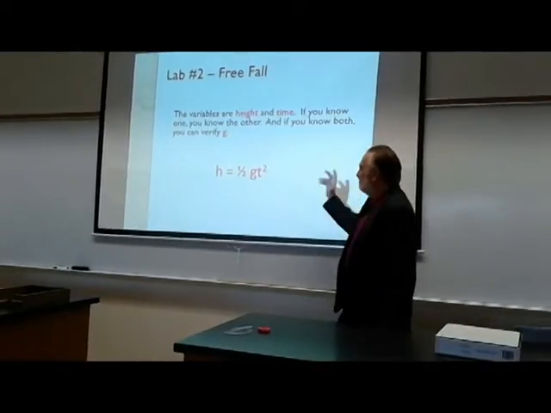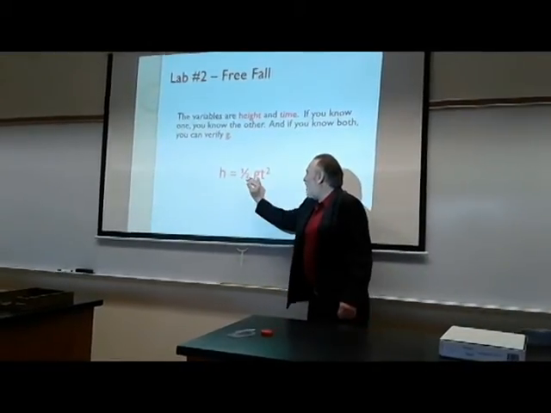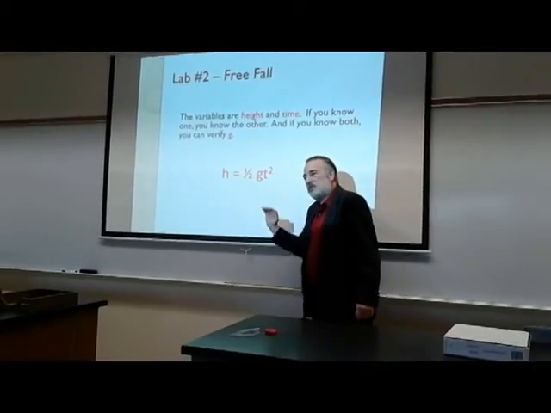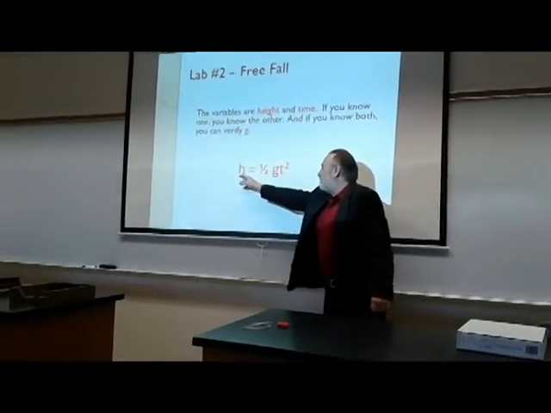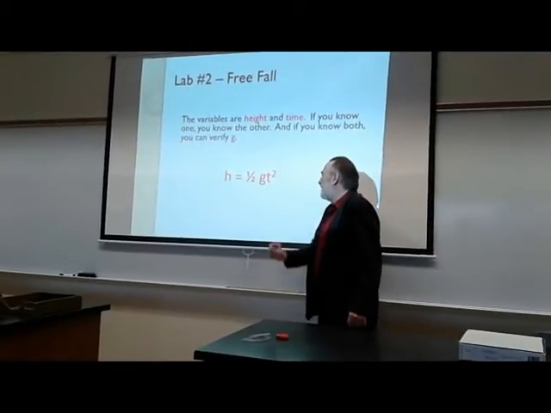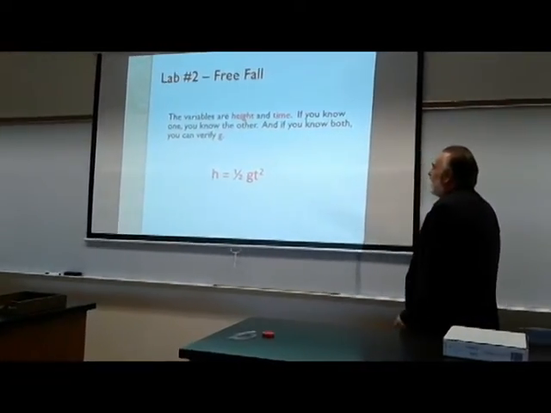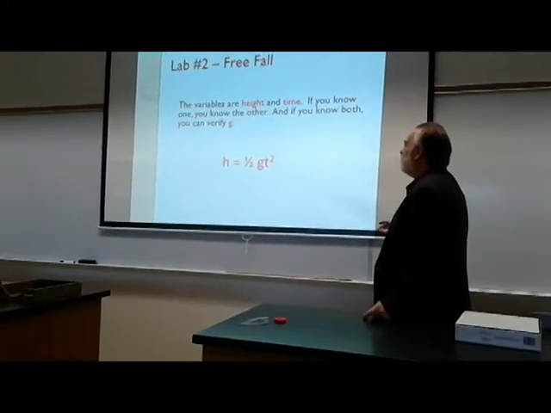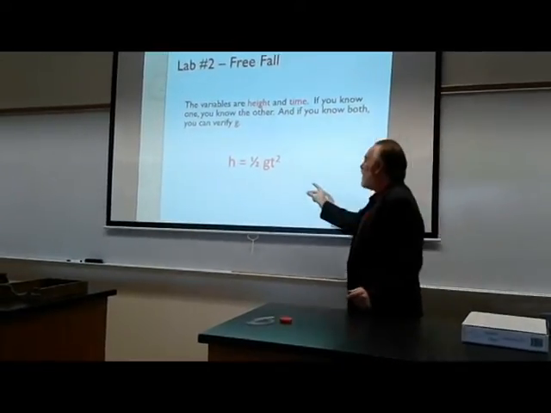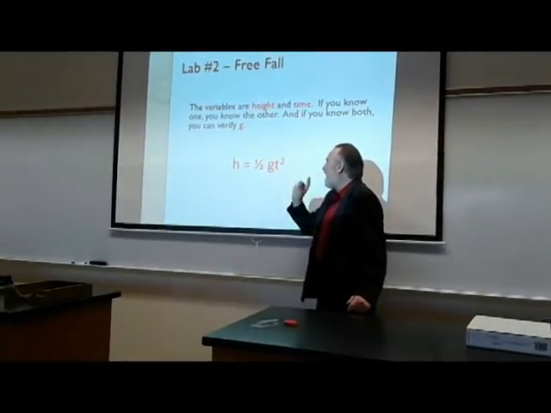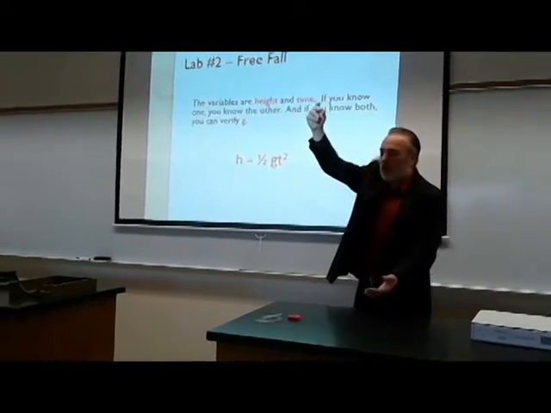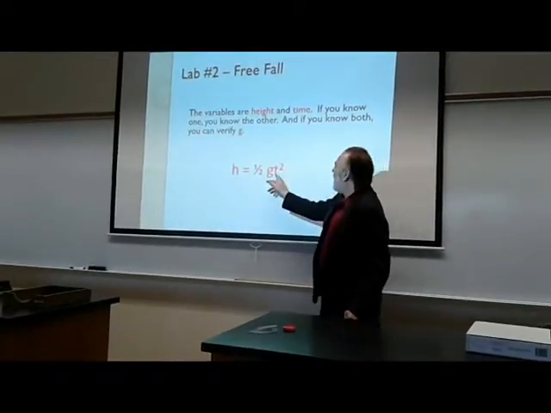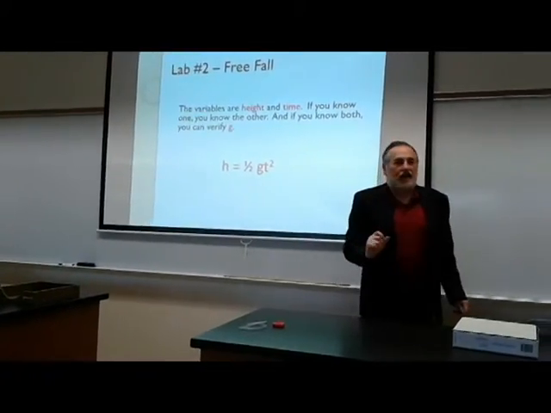With that, we have only one variable per se. There's a constant acceleration due to gravity, or excuse me, 2 variables, height and time. And if you know one of them, you would know the other. And if you know both the height and the time it took for this to fall a particular distance, then you would be able to verify g.